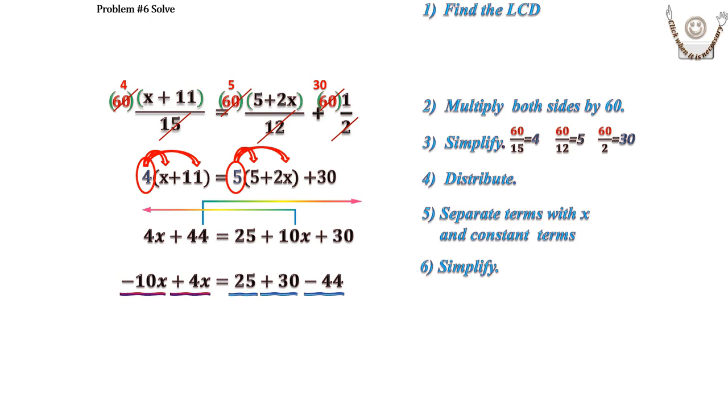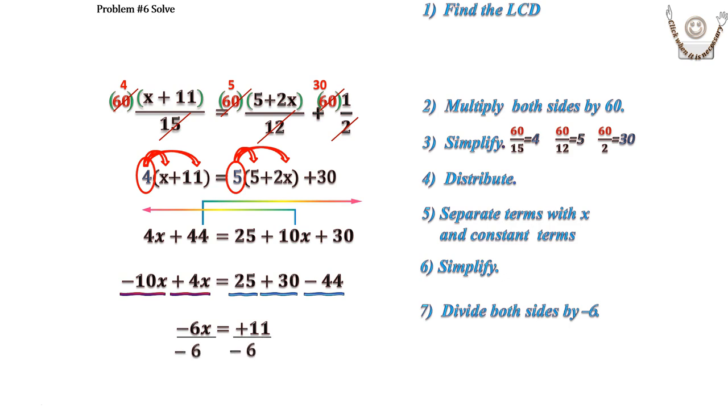Now let's look for like terms. Negative 10x and positive 4x. Together it will be negative 6x, and positive 25 and positive 30 and negative 44. Together it will be positive 11. We are looking for positive 1x, so we have to divide both sides by negative 6.